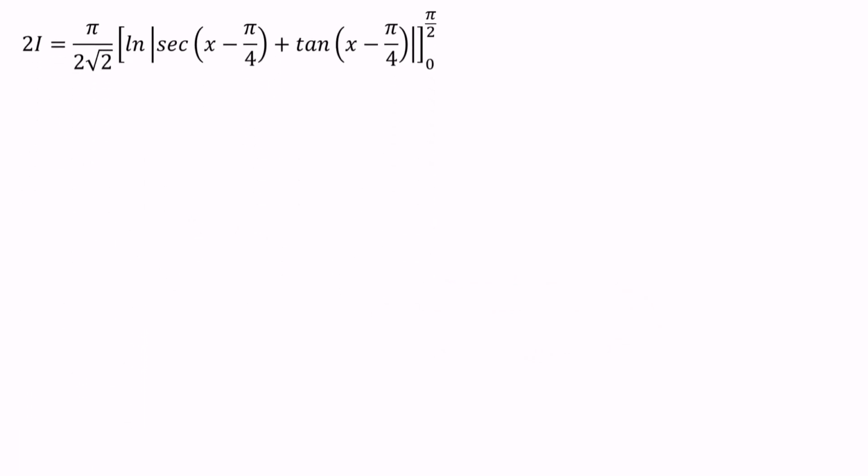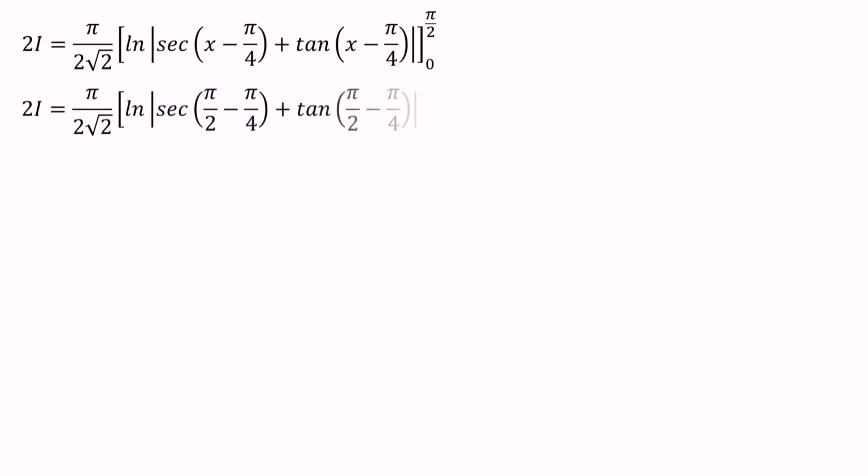Finally, we can substitute the upper limit and lower limit for this answer. First, upper limit pi over 2. Then we can write ln modulus sec(pi over 2 minus pi over 4) plus tan(pi over 2 minus pi over 4). Minus, now lower limit 0.